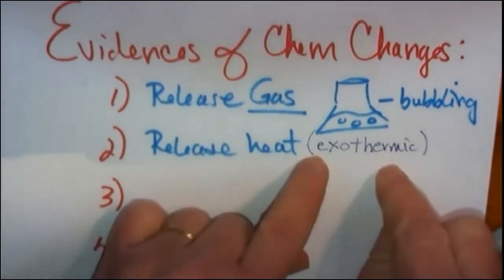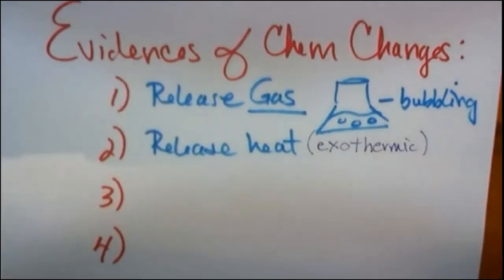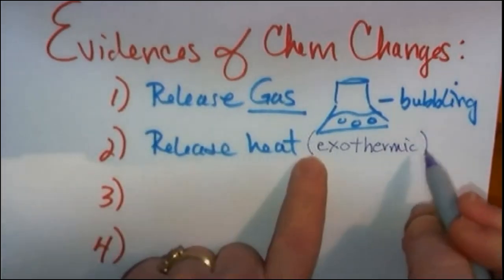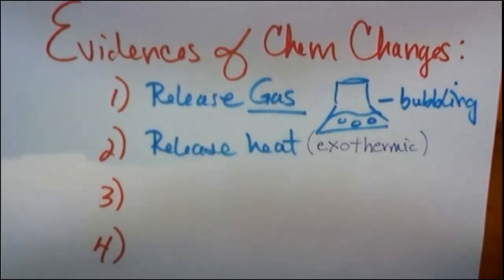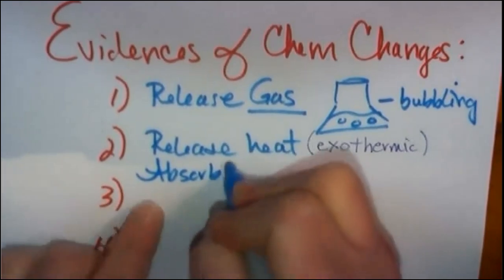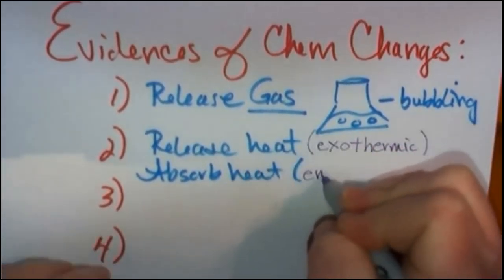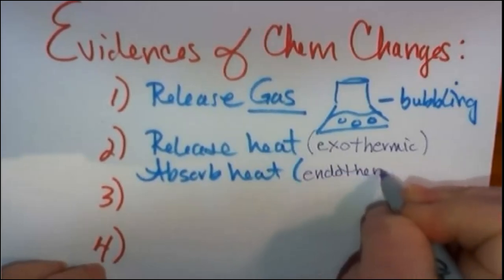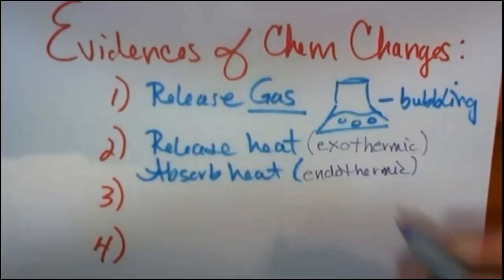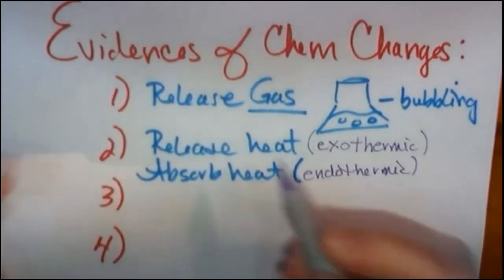It was so exothermic that it actually energized the electrons of your iron, releasing light. So if it releases heat, but we know there's a lot of reactions that can absorb heat, and if it's absorbing, we know we would use endothermic. Okay. So that's kind of the change of temperature.